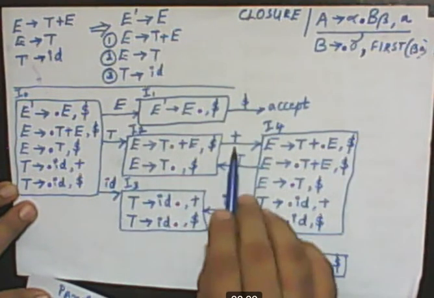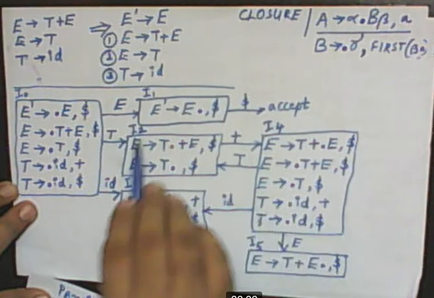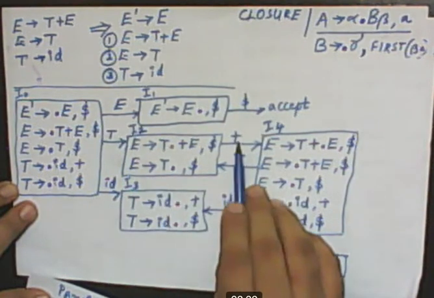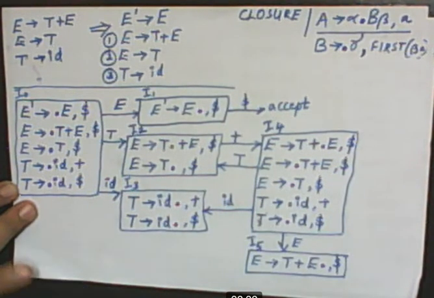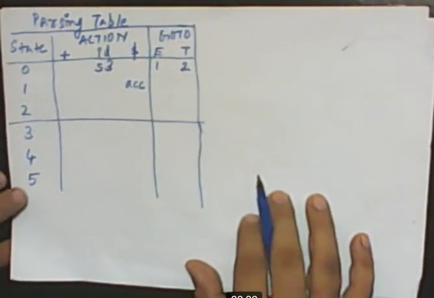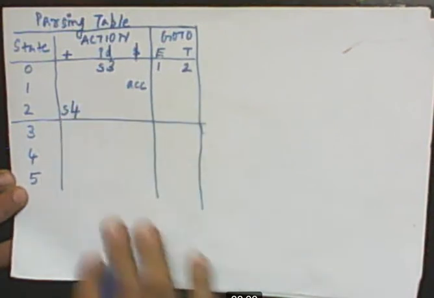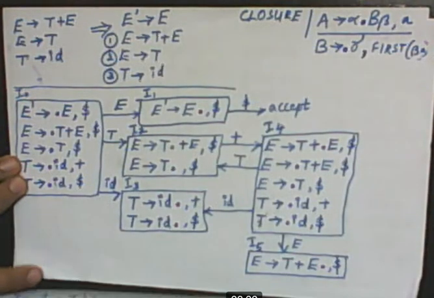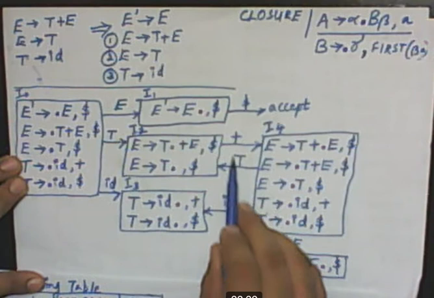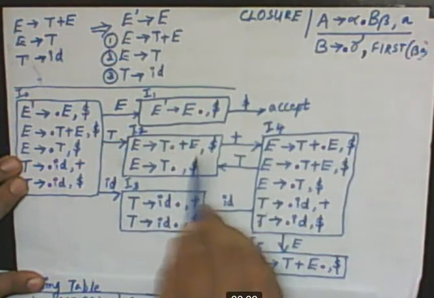So it is a shift operation since it is a terminal symbol. So 2 on plus goes to 4. That is a shift operation. So that is it for 2.